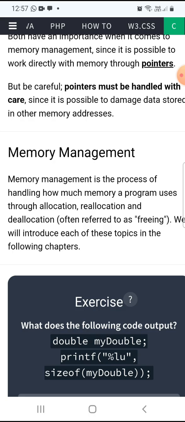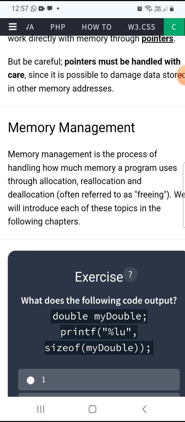In that memory location, data of any type, integer, float, bool, char, is stored, and the memory locations are named with labels called variables. So whenever we deal with pointers, we need to be careful, because there is a chance of losing the data stored in memory addresses. It is very important to deal with pointers very carefully.